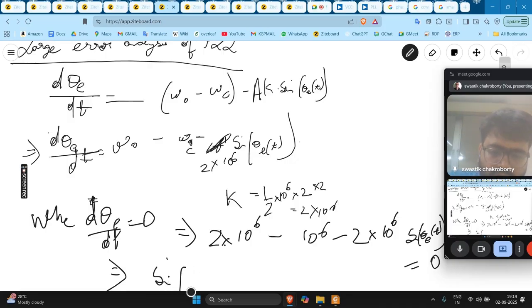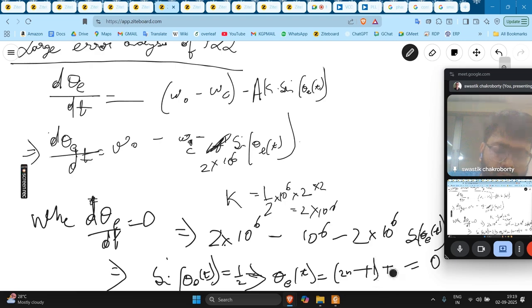sine theta e equal to half, or theta e is (2n plus 1) pi by 6, odd multiples of pi by 6.